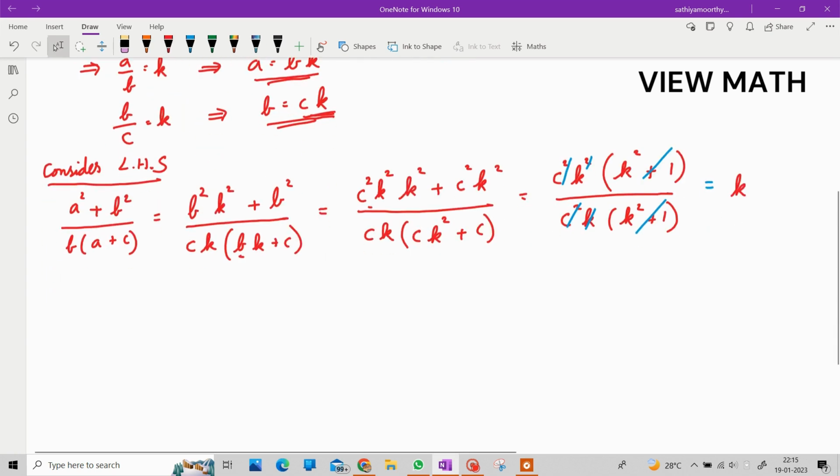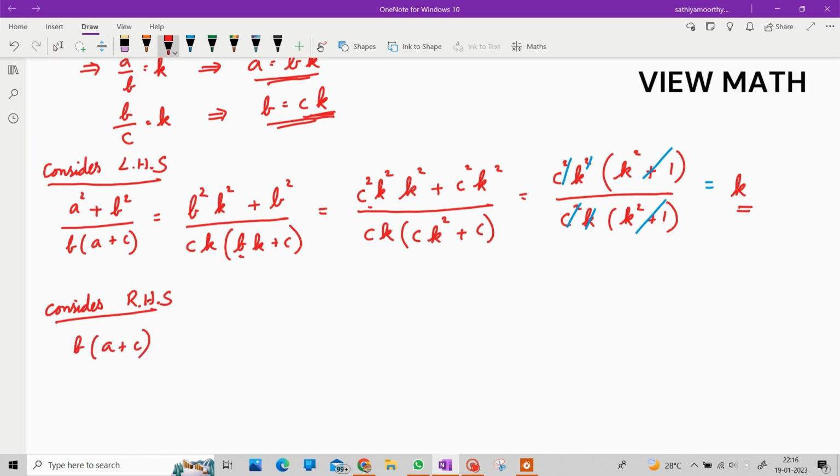Now I am going to consider the right hand side. Similarly I am going to proceed, and I have to prove that the right hand side is also equal to k. The right hand side is b into (a plus c) divided by (b square plus c square).